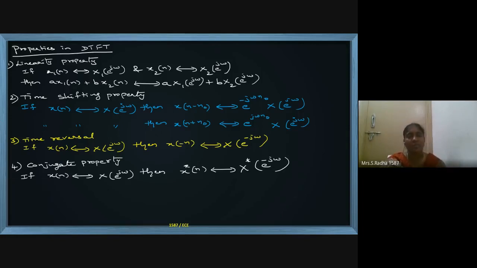Next, I am going with the convolution property. Again I will take two signals.